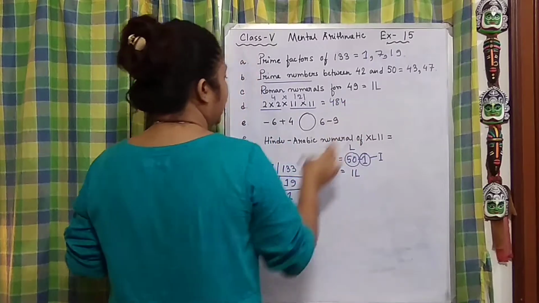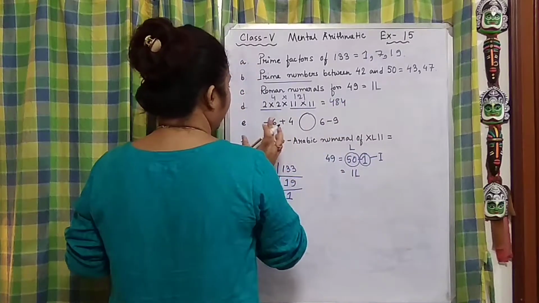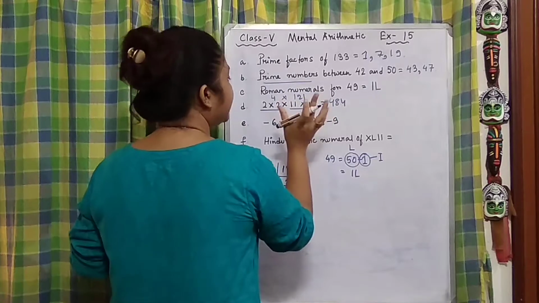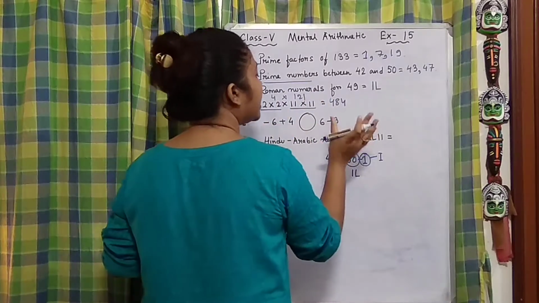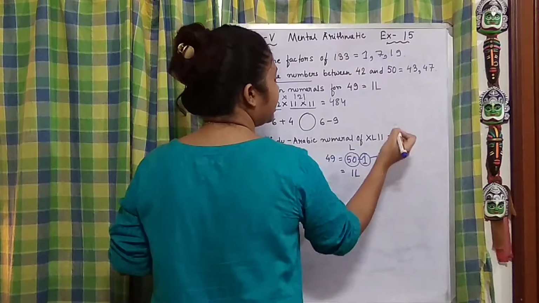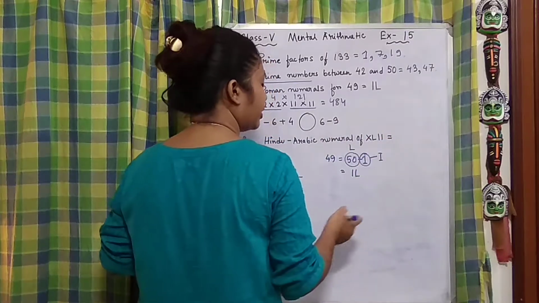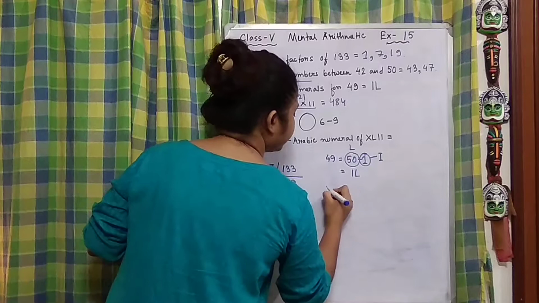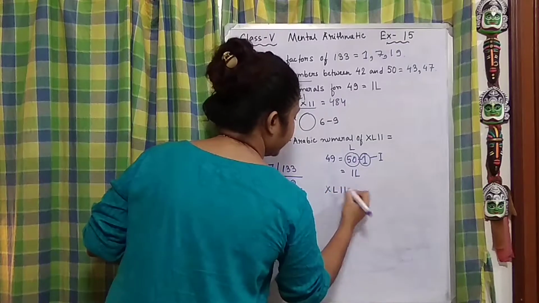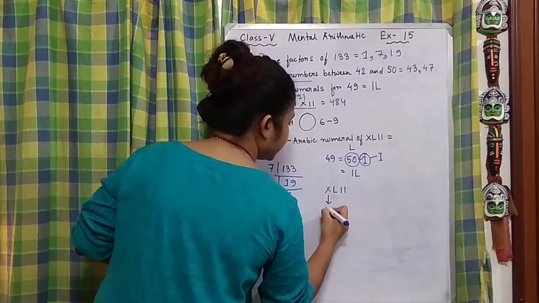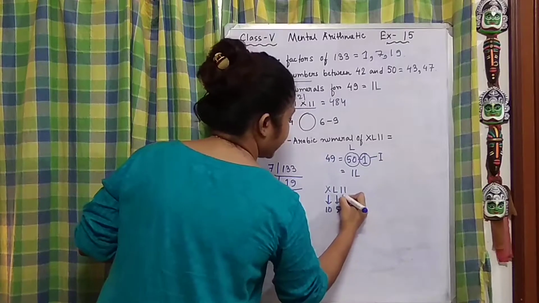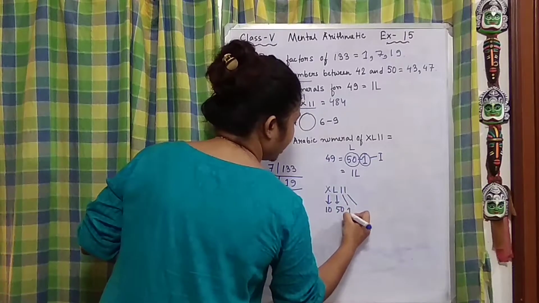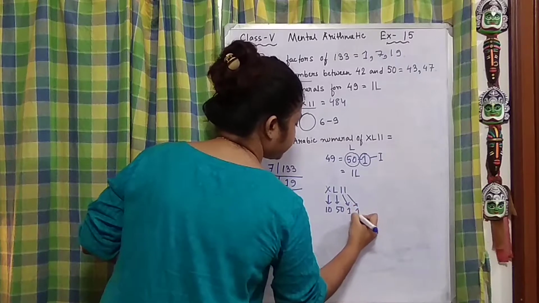Alright. Before getting to sum E, we will complete sum F, the Hindu-Arabic numeral of XLII. X stands for 10, L stands for 50, I stands for 1 and 1.